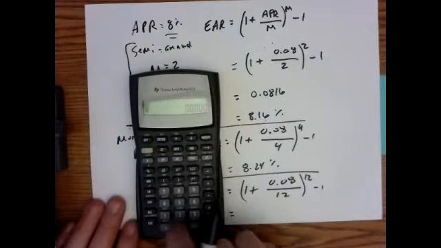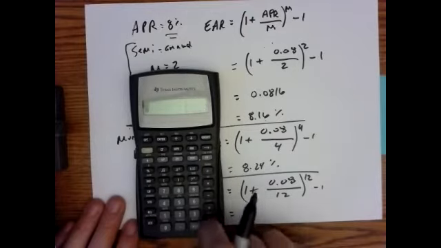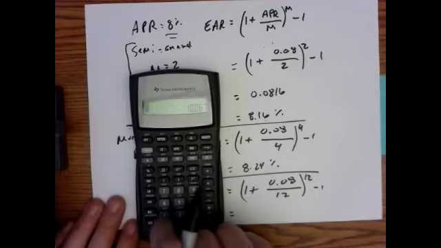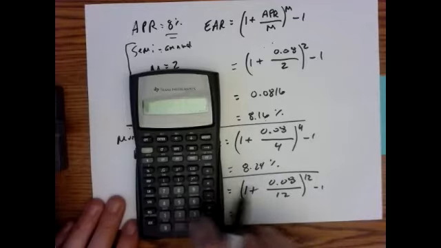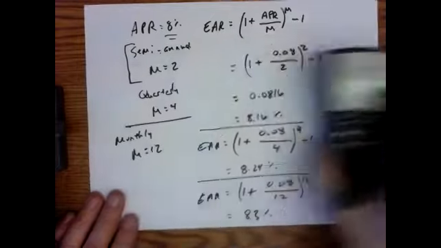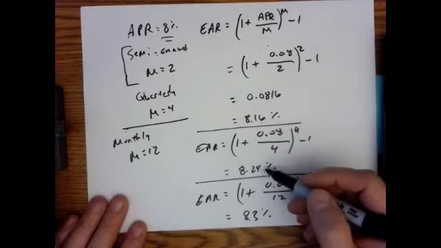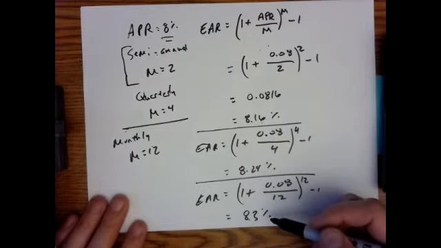So you have 0.08 divided by 12 plus 1, raised to the 12th power, minus 1, which gives us 8.3%. So you can see we move from 8% to 8.16% to 8.24% to 8.3%.